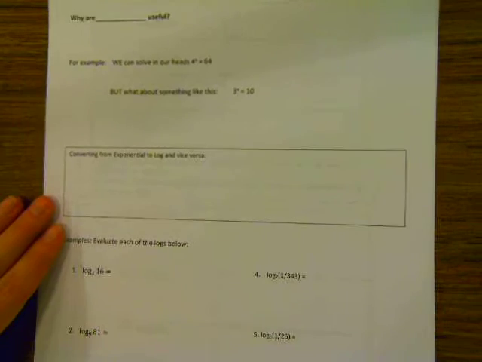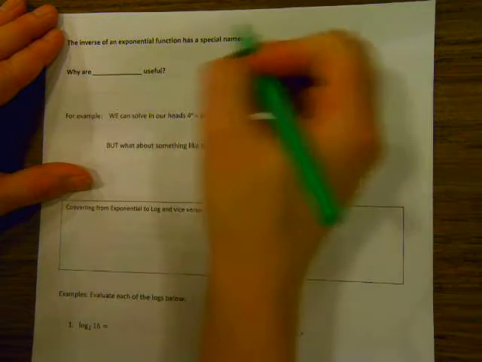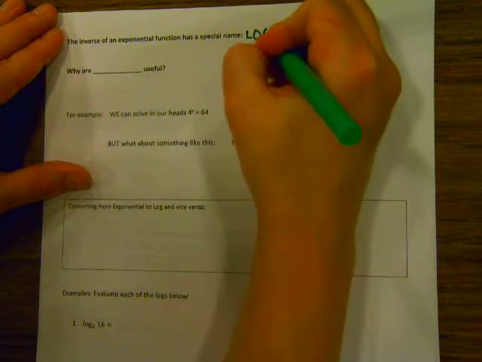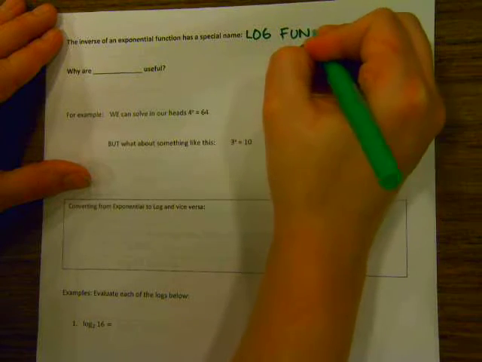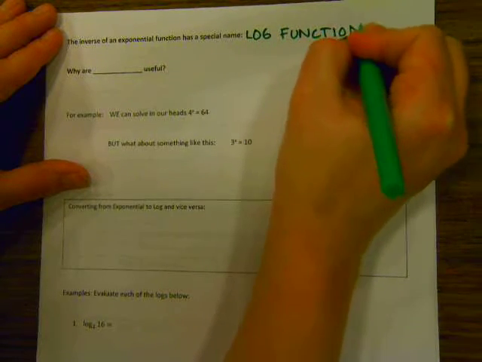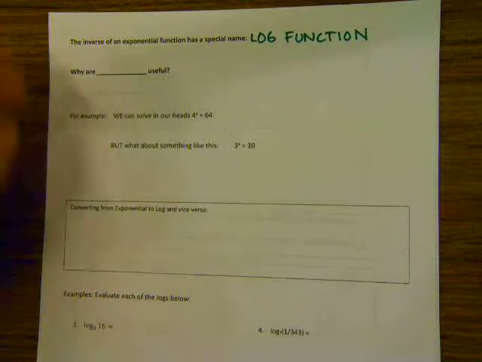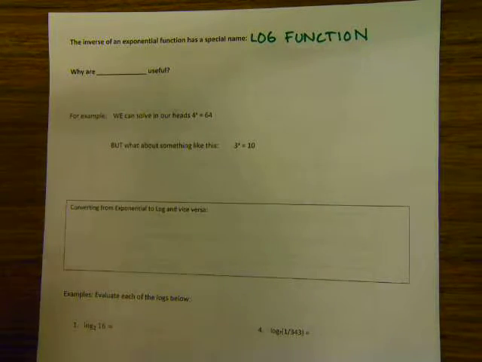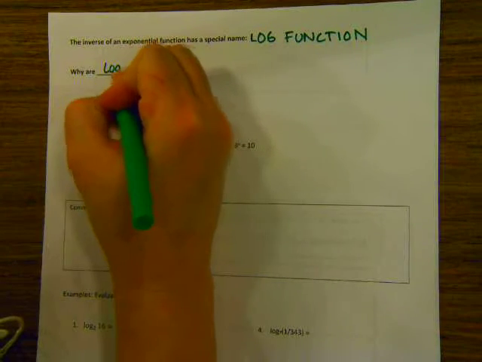Okay. So again, the inverse, so the opposite of an exponential function, has a special name. It's called a log function. You're going to be seeing that. This is the one where it had the word log in it. You've already seen the parent function equation on the packets when we did our A, H, and K shifts. So now, why are logs useful, right?